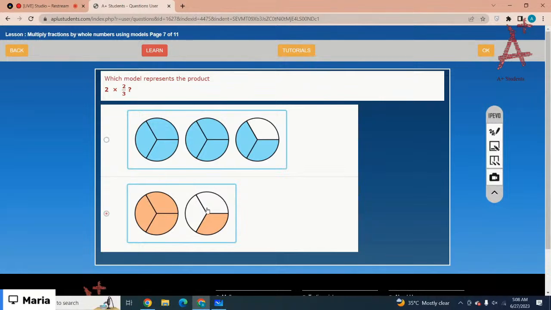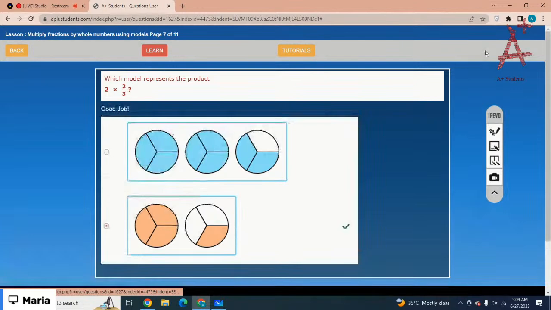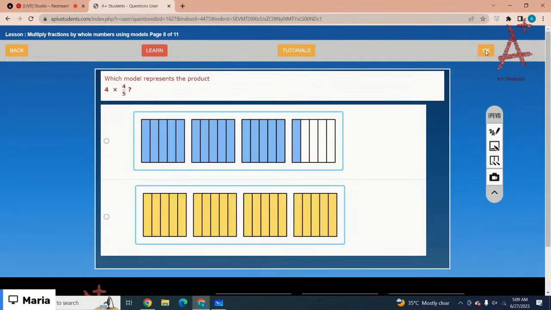Yes, that would be the second option. 4 times 4 by 5, which is the correct option?